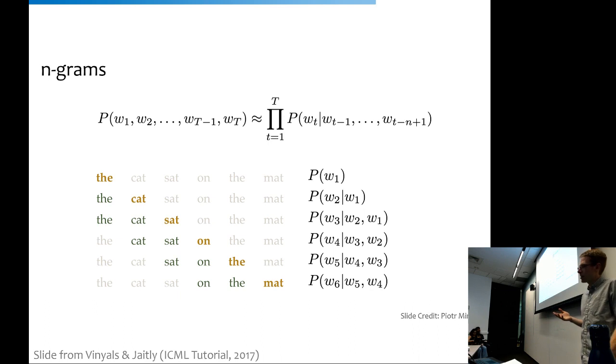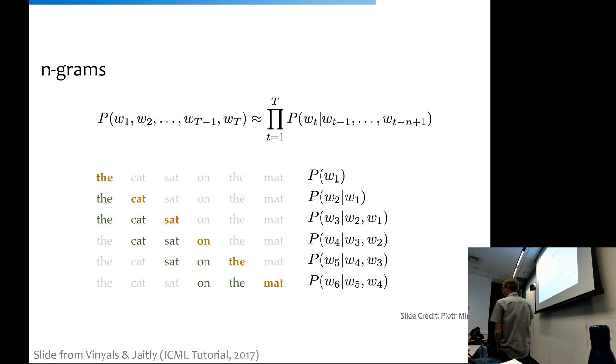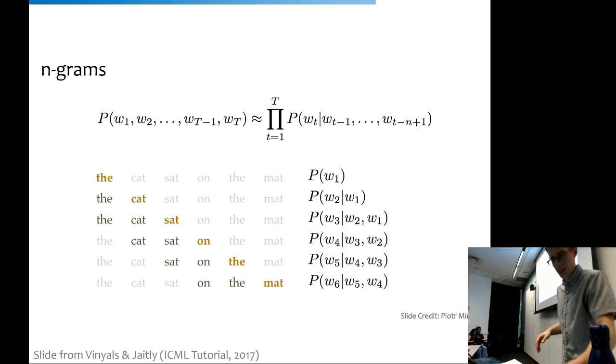So what this allows us to do is define that language model, which is a joint distribution over any string, in a much more compact form. So we no longer have infinite context. We just have a window of size n for context. And what that would look like is a window of size n minus 1.